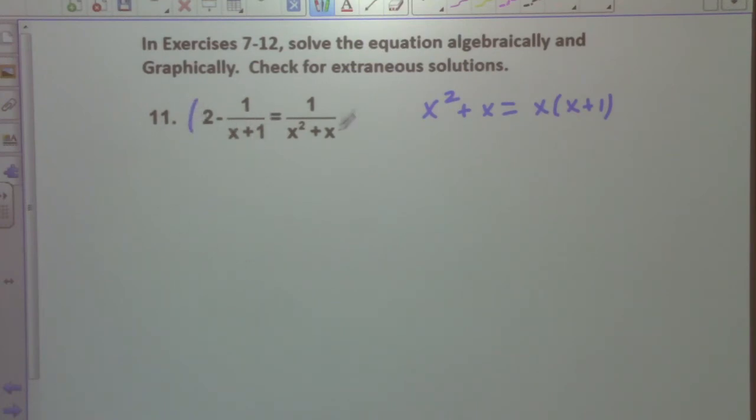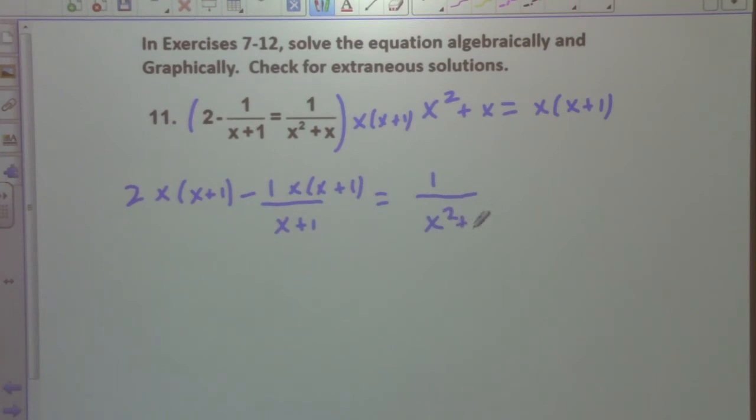And so that tells us we can multiply the whole thing by x times x plus 1. And when we do that, we get 2x, x plus 1, minus 1, x plus 1, over x plus 1. And on the right side, we have 1 over x squared plus x times x plus 1. And we should be able to cancel stuff out all over the place, right?